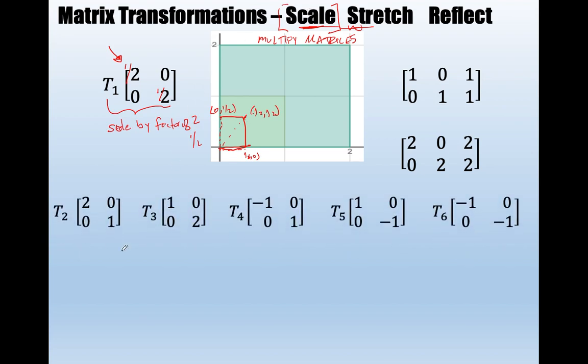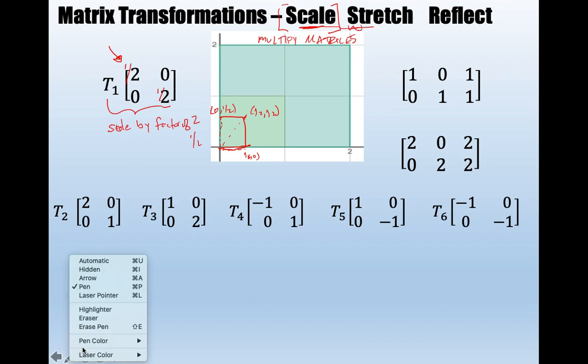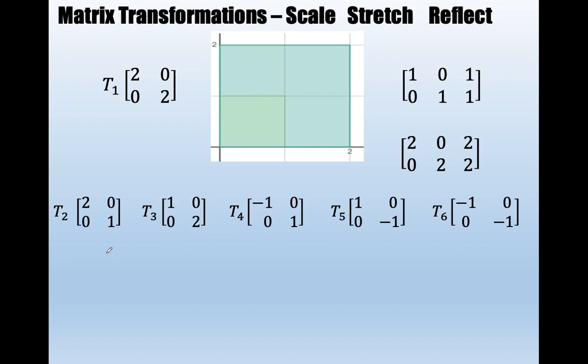So let's try out these transformations, and maybe you can pause the video for a second and see what these transformations perform. Again, take the second transformation, multiply it. So take this one up here.